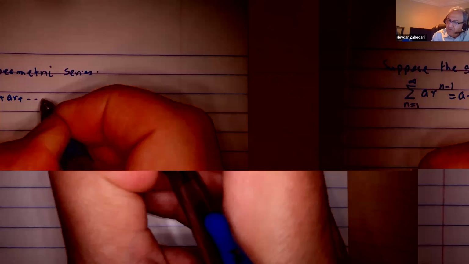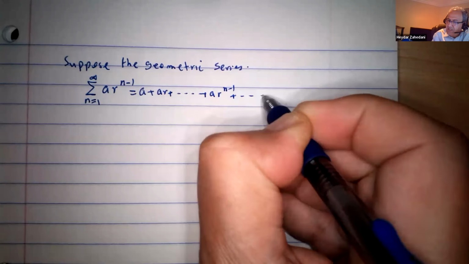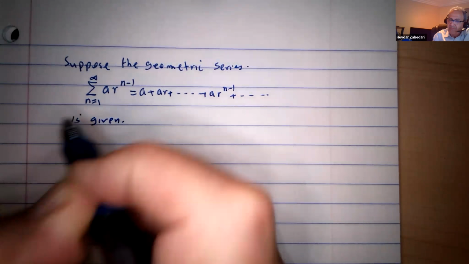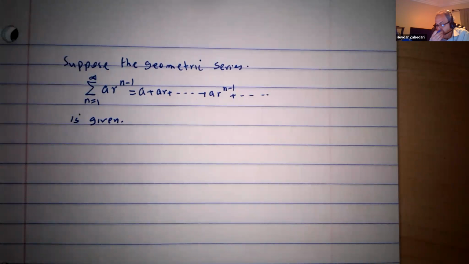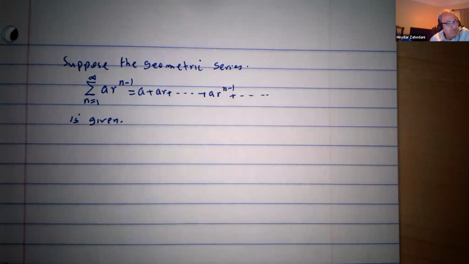That is a plus ar plus ar squared, and so on, continuing to ar to the n minus 1. We want to check to see whether it's convergent or divergent. So we have to find the SN. We can't do anything here. You have to form the SN and take the limit of the SN.